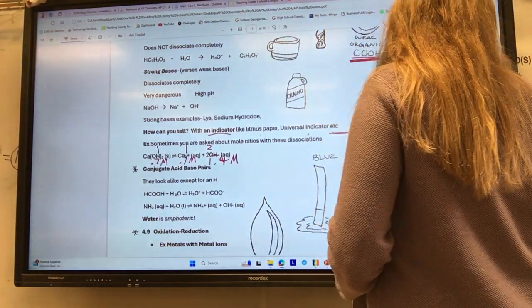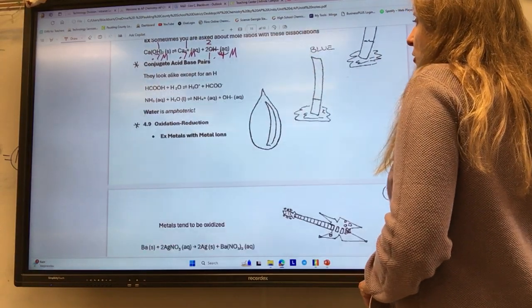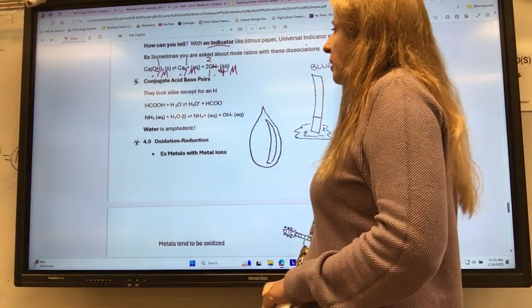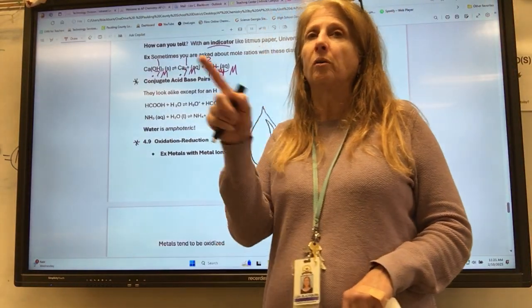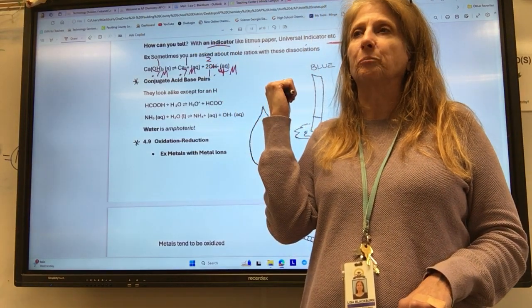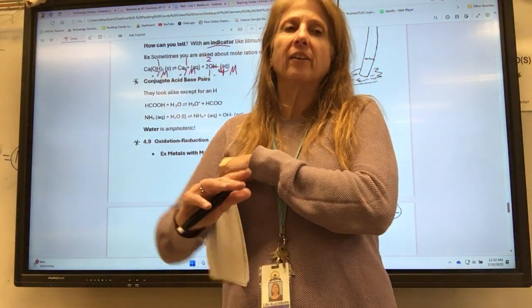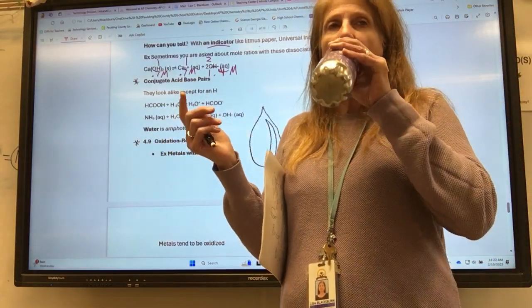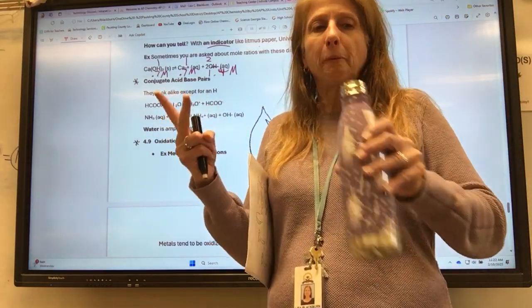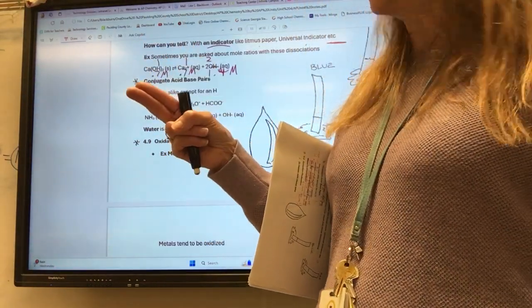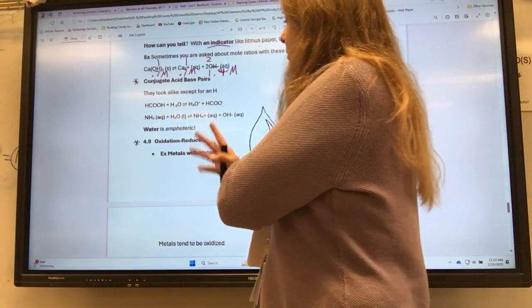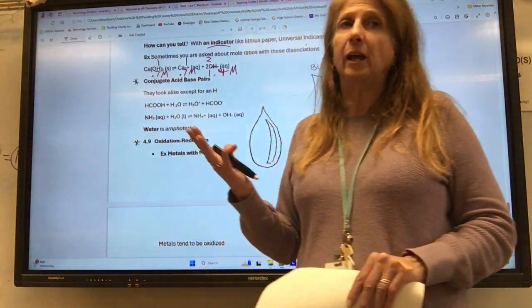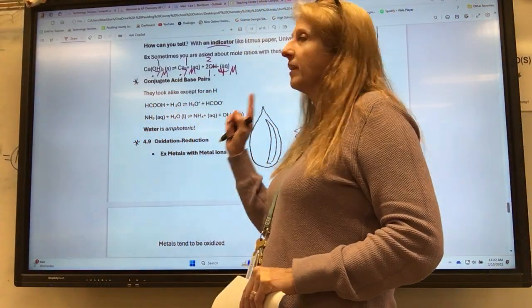Okay, conjugate acid-base pairs. I teach this to honors sometimes. I did not this year. Did Ms. Korn? Do y'all know conjugate acids and bases? Okay, so what it is, for every acid, it has a conjugate base. Acids and bases go together. So what you have to do on the AP test is you have to label them.